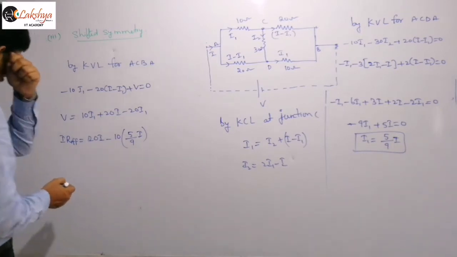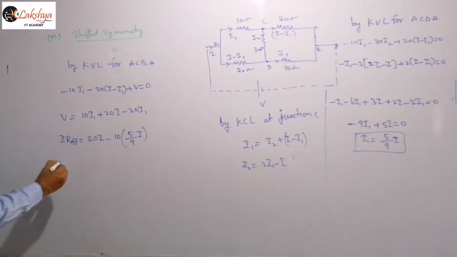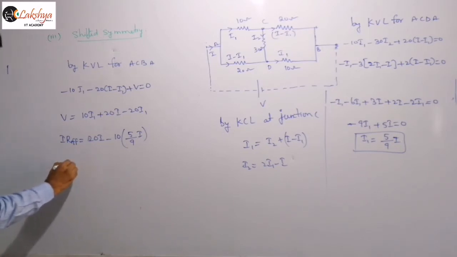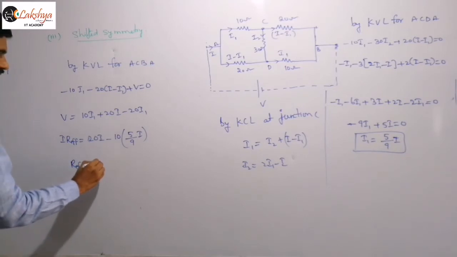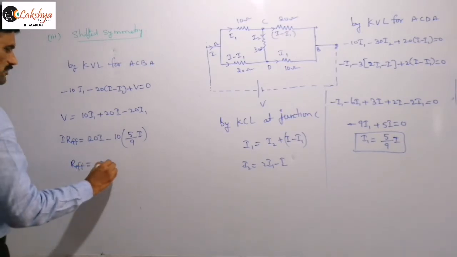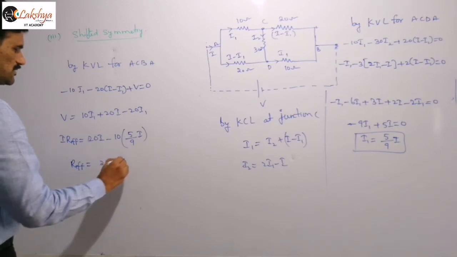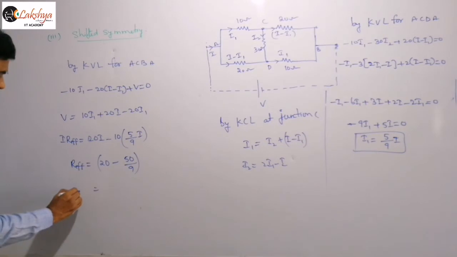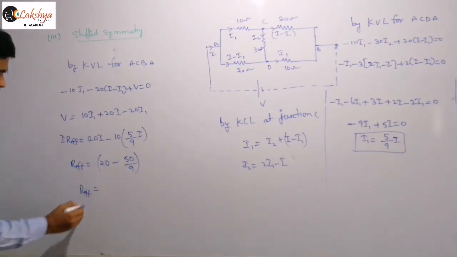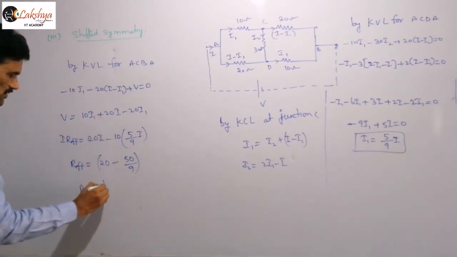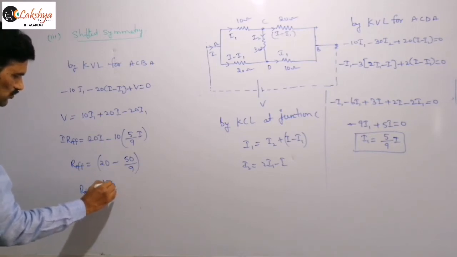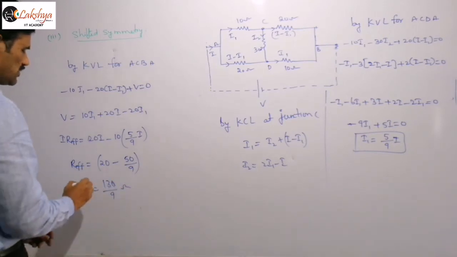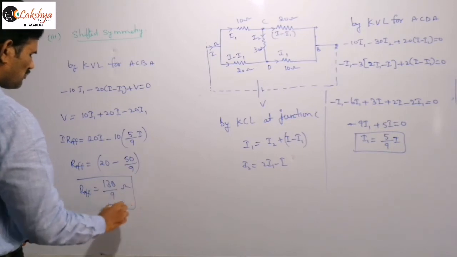And so now we can write this, so then the I value can cancel here, therefore this R effective is equal to 20 minus 50 by 9. And so you can take LCM and simplify this. 180 minus 50 means this is 130 by 9 ohms you will get, right? So that is the effective resistance of this combination here.